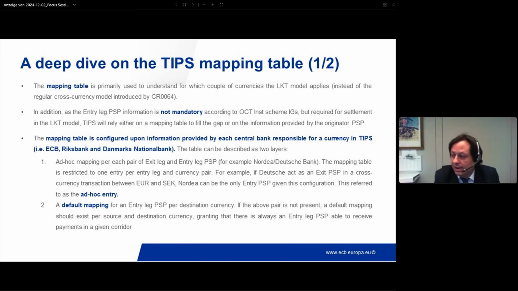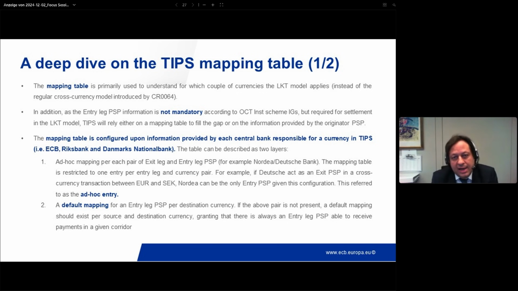There is another point that will be relevant for the mapping table, which is the selection of the settlement model. Because as you may know, and Dimitri also mentioned in his presentation before, via the phased approach, we are going to introduce the one leg out settlement flow already in June next year, which means, for example, a pair of currencies can be used to trigger a cross-currency payment already since June.